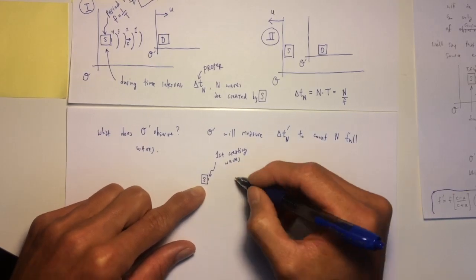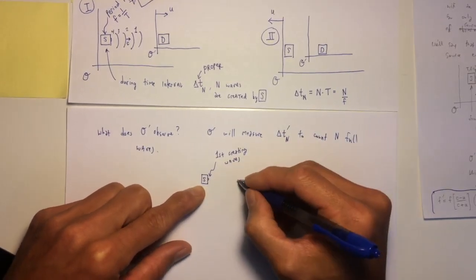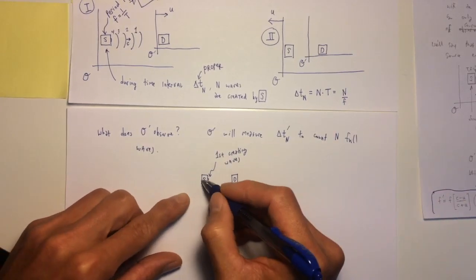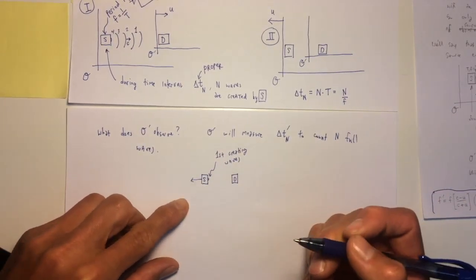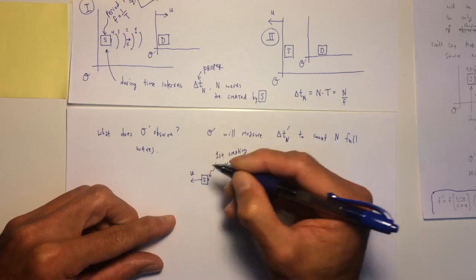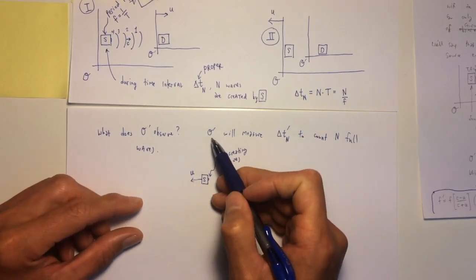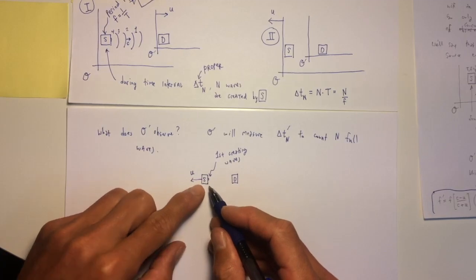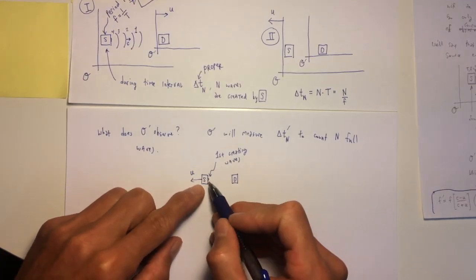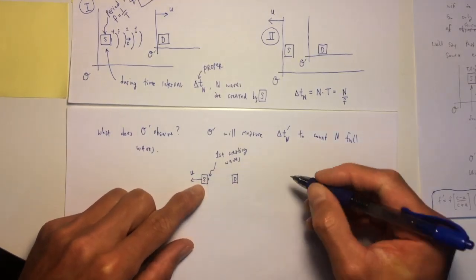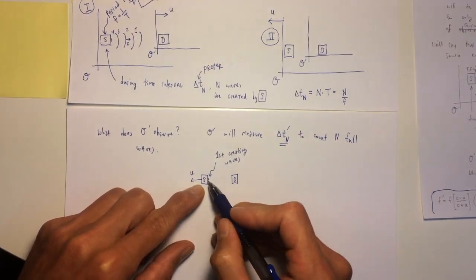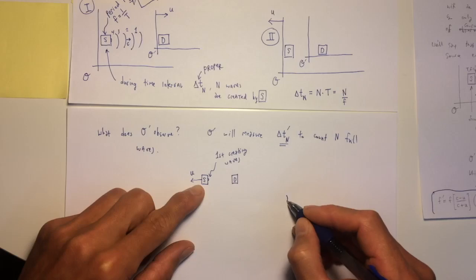There aren't any waves created yet, and here is the detector. But this thing is receding, and it's receding at the relative speed between O and O prime. So here is the first wave. That first wave, in the space of time delta t sub n prime, is going to travel all the way to here.